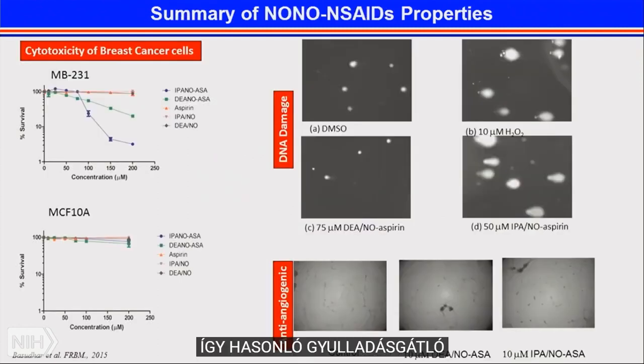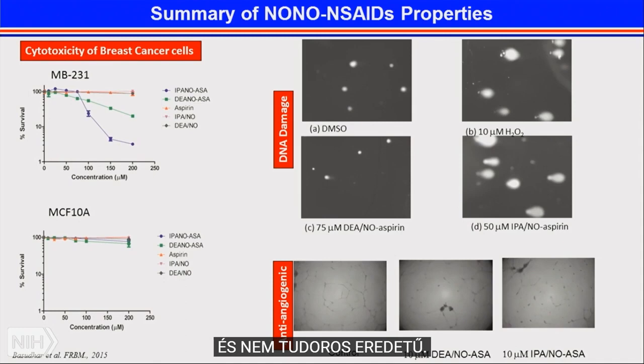Then we investigated the effect of these molecules on different breast cancer cell lines. We used MB231 and MB468, which are ER-negative breast cancer cell lines, and we used MCF7, which is an ER-positive breast cancer cell line, and MCF10A, which is a non-tumorigenic cell line.